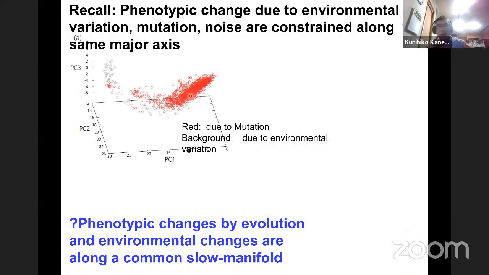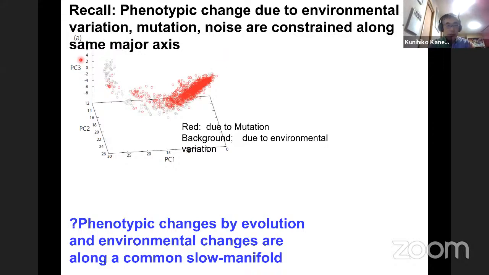But recall that phenotypic change due to environmental variation and mutation follows the same one-dimensional curve. So across this environmental change, and also across evolutionary change, it follows the same curve.